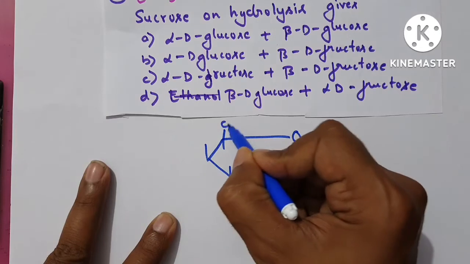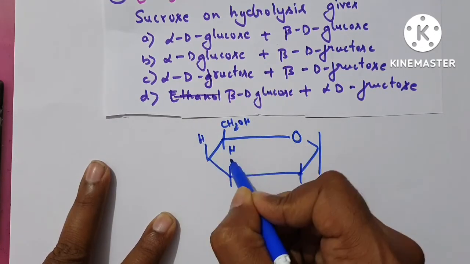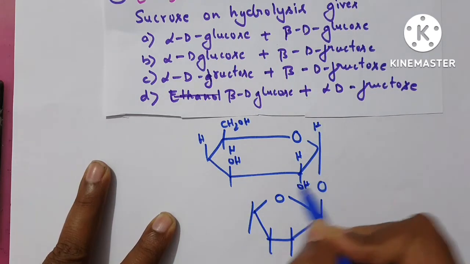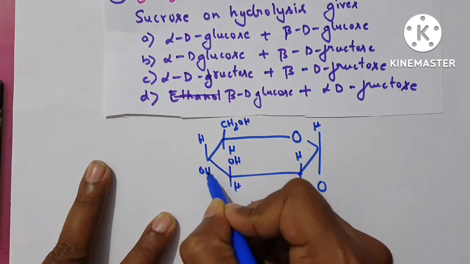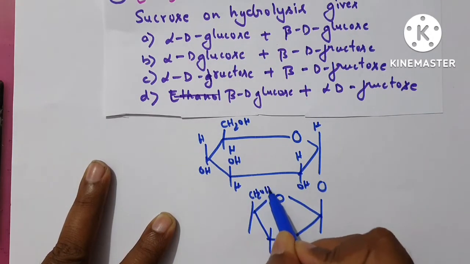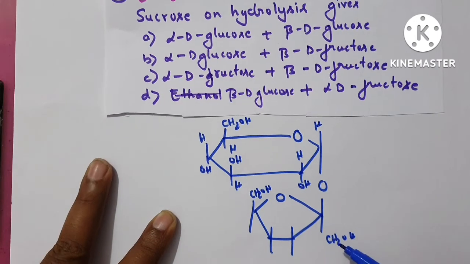It's because you can observe here CH2OH, H, OH, H. Here OH, this is H and this is OH. So if you observe here CH2OH, here the CH2OH is on the downside.